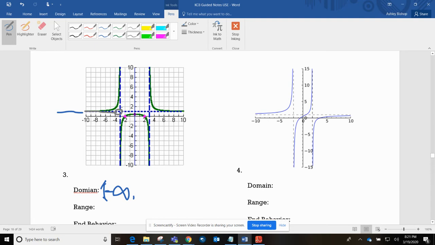So what x value does this stop at? I'm going to erase this now. The x value that this stops at is right here, and this x value is x equals negative 3. So my domain is from negative infinity until I hit here, which is negative 3.